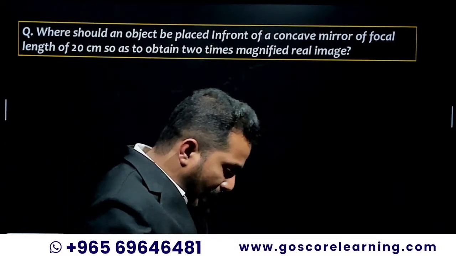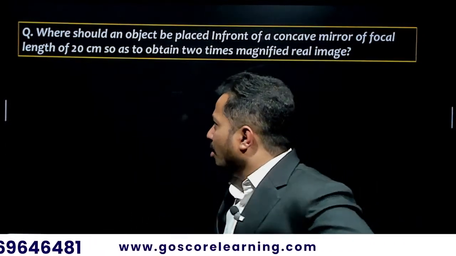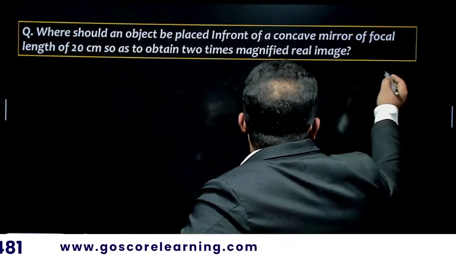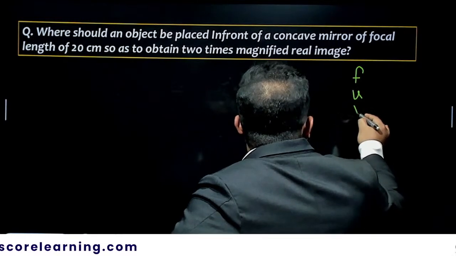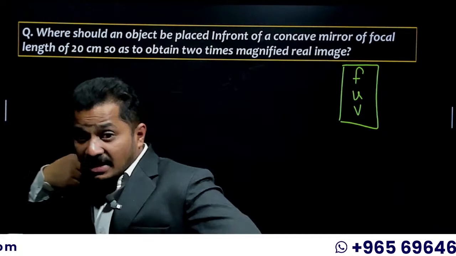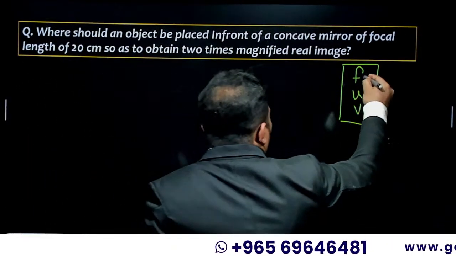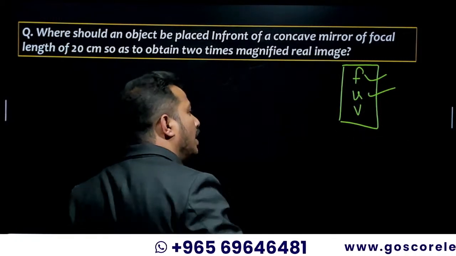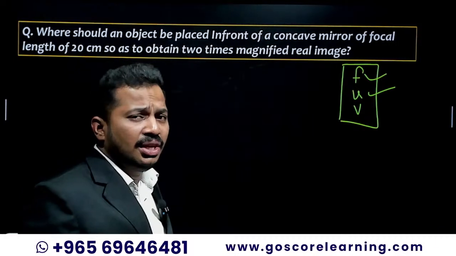mirrors, mirror equation, there are two kinds of numericals being asked. The first kind is where they'll ask for f, u, v. Out of these three, just two things will be given. Either f or u will be given, and you can find v. That is pretty easy, using the mirror equation you can easily calculate.